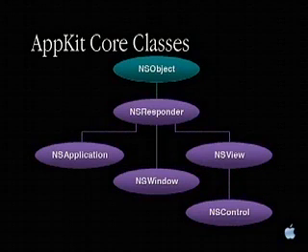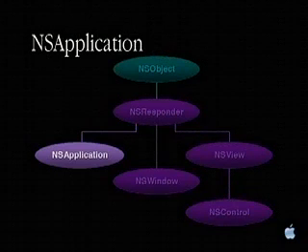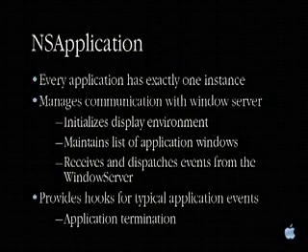So here's a diagram showing some of the classes that I'm going to touch on today. Again, only about 5 of those 220. I'm going to start by talking about NSApplication because everybody's writing an application, so everybody has exactly one instance of NSApplication. Now, NSApplication is important because it manages your connection with the Windows server.